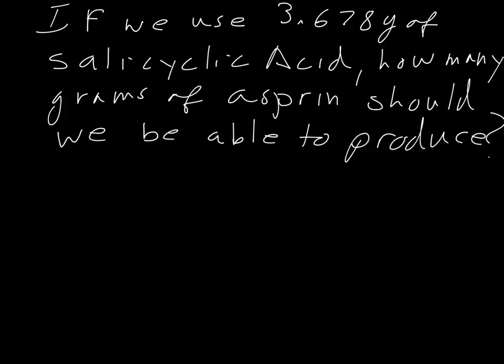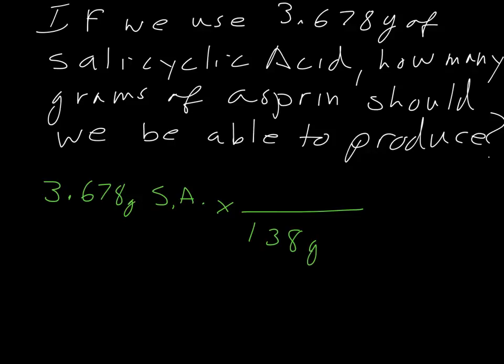Well, we only have one number in this problem, so we know we're going to start our line with it, 3.678 grams of salicylic acid. We just learned that for every 138 grams of salicylic acid we have, we should be able to produce 180 grams of aspirin.